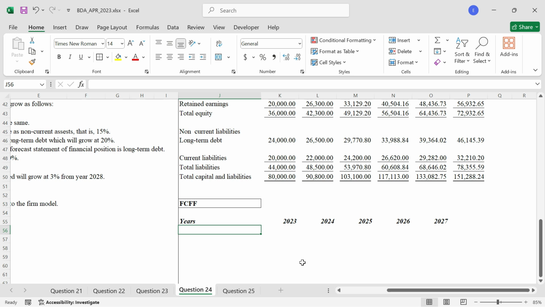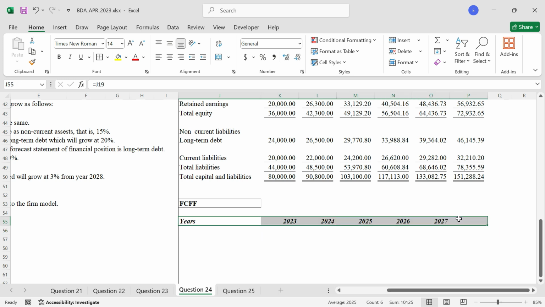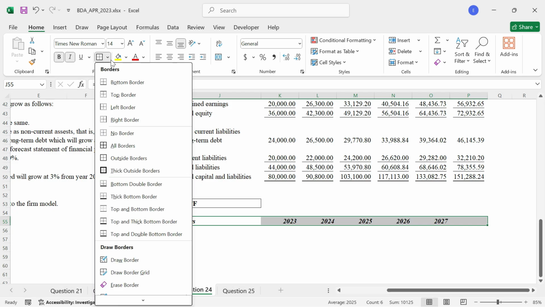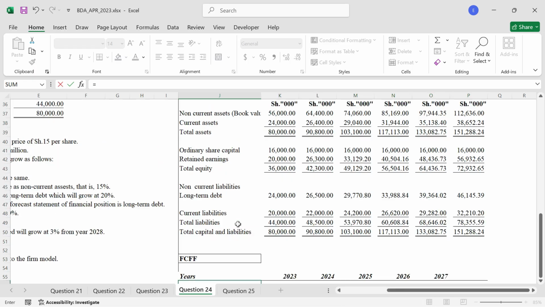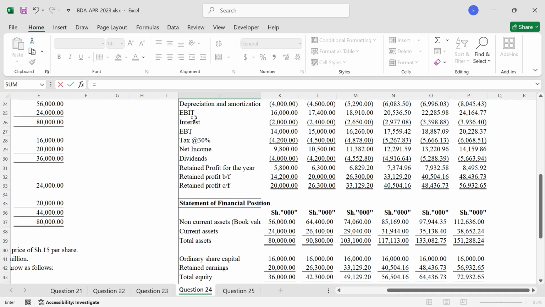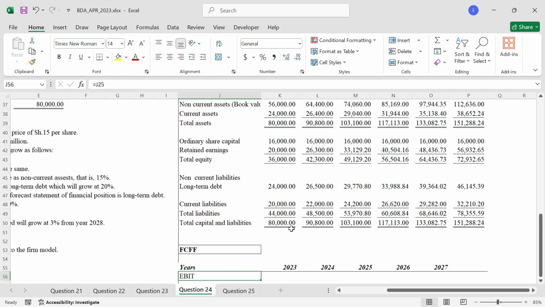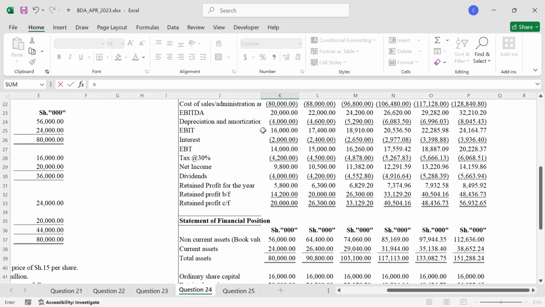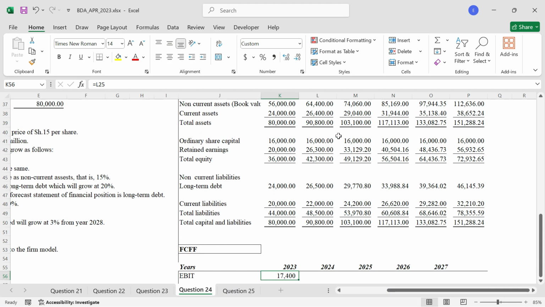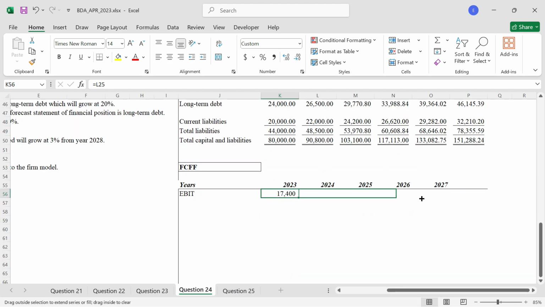Here now, I'd like to start with my earnings. My earnings before interest and tax, from the year 2023. Then from there, I will less tax on EBIT.